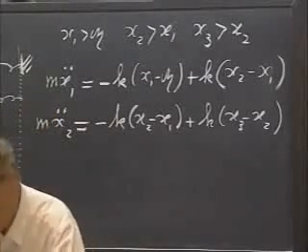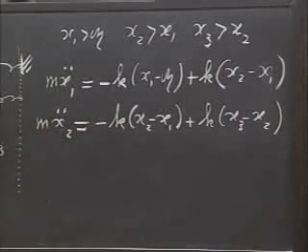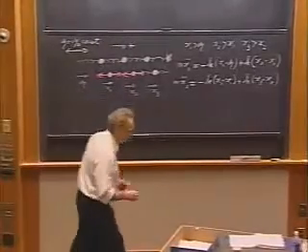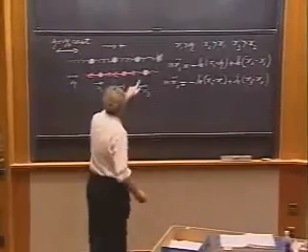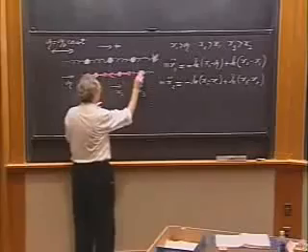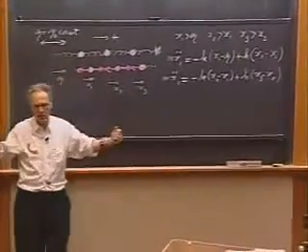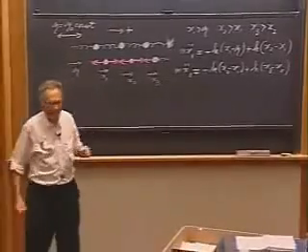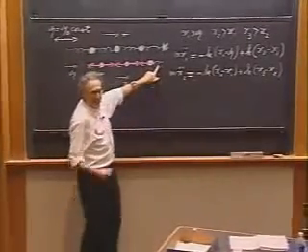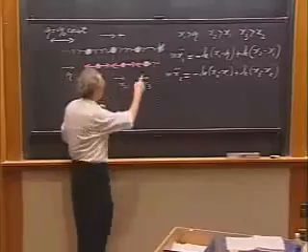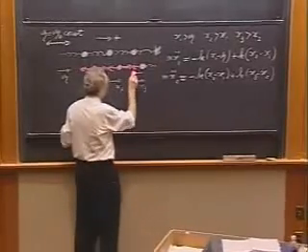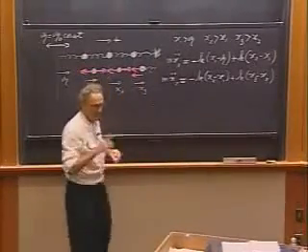So now I go to the next object. So this object here will experience a force to the left, because this spring is longer than it wants to be, so it wants to contract. But this one is pushing. So therefore, the force due to this spring is now also in this direction, because the end is fixed.